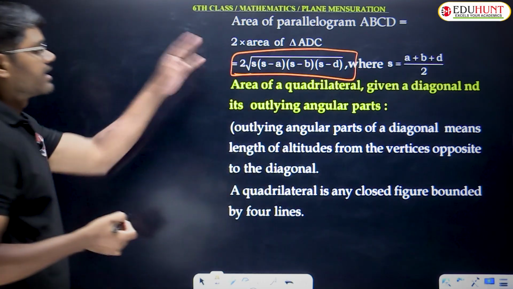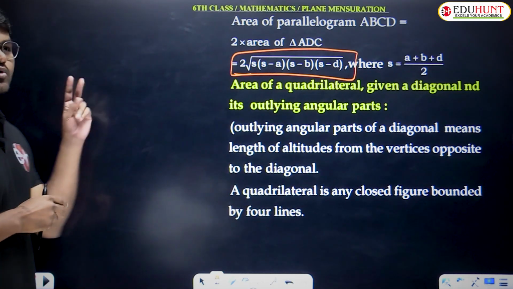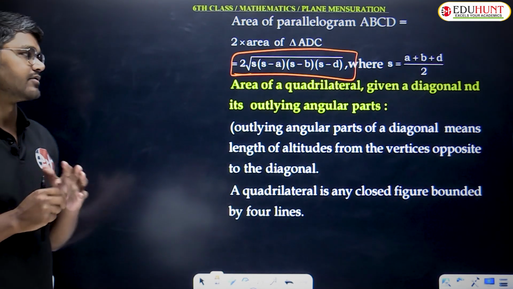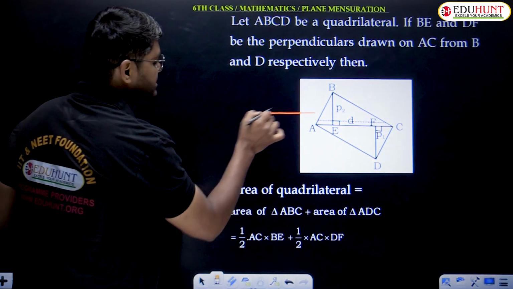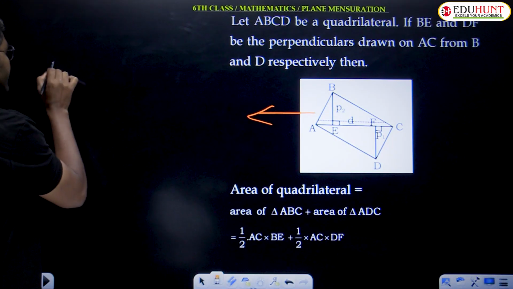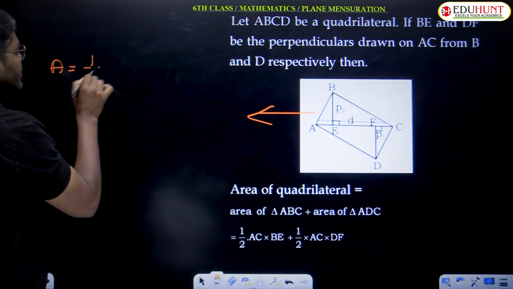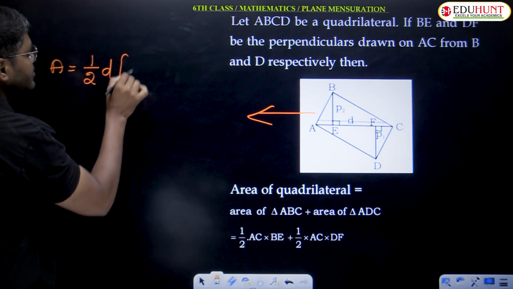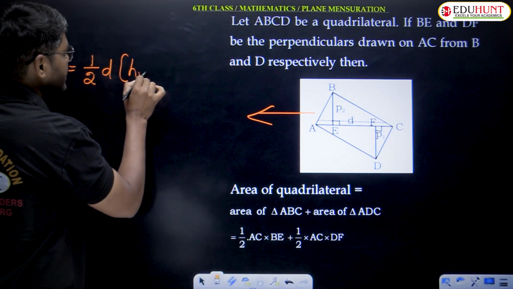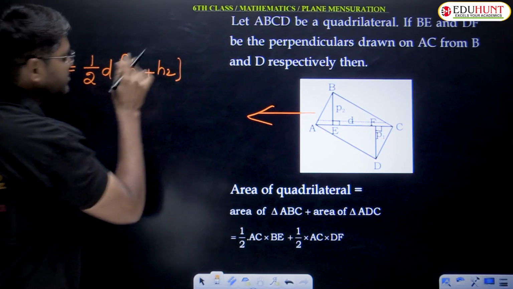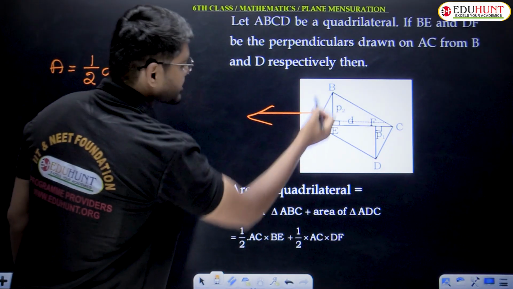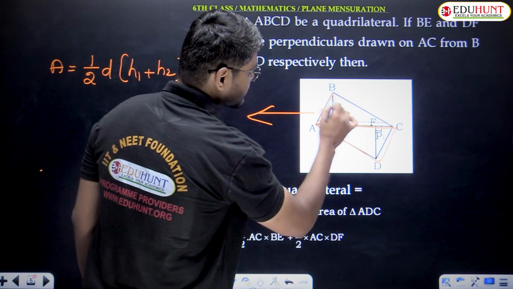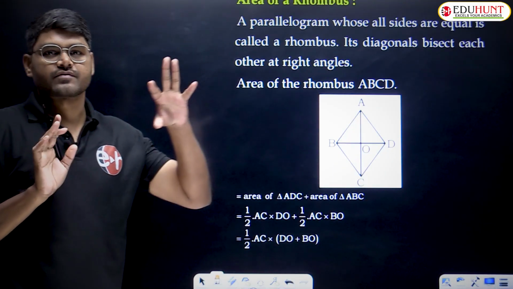This is the area of a parallelogram when two adjacent sides and one diagonal is given. Already we have discussed at the first, area of a quadrilateral is equal to half into diagonal into sum of perpendicular heights, that is H1 plus H2 or P1 plus P2. This is the diagram.